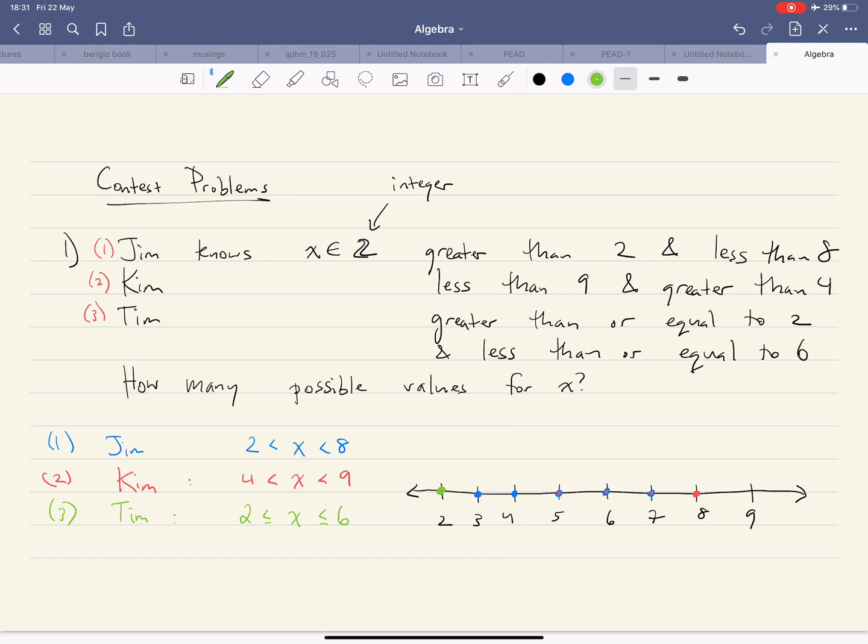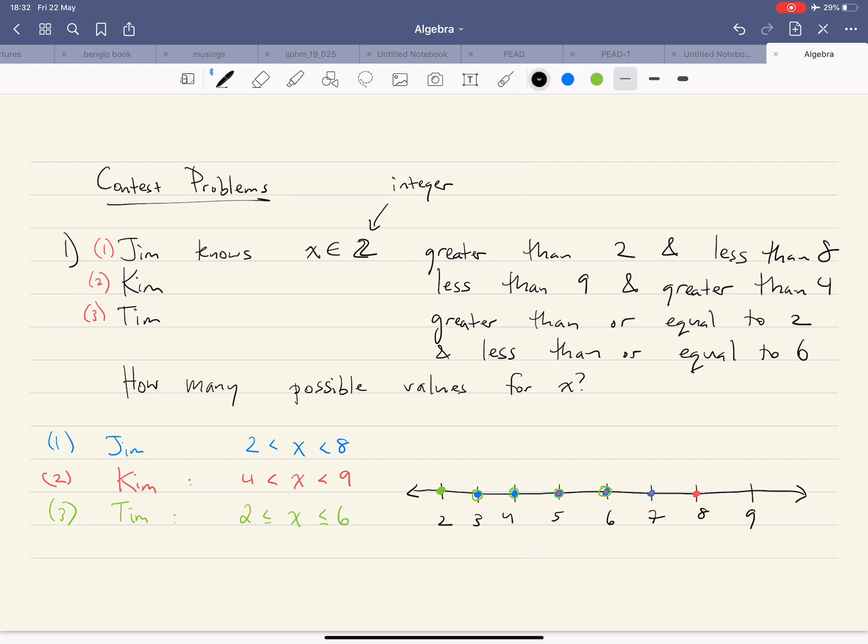And it also could be 2 because 2 is less than or equal to x, or x is greater than or equal to 2. It could be 3. It could be 4, 5, or 6, because x is less than or equal to 6, so x could be equal to 6.